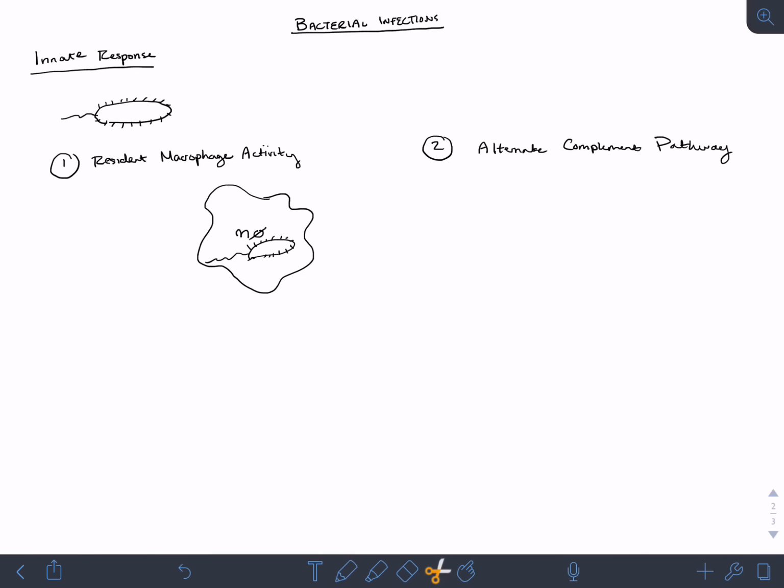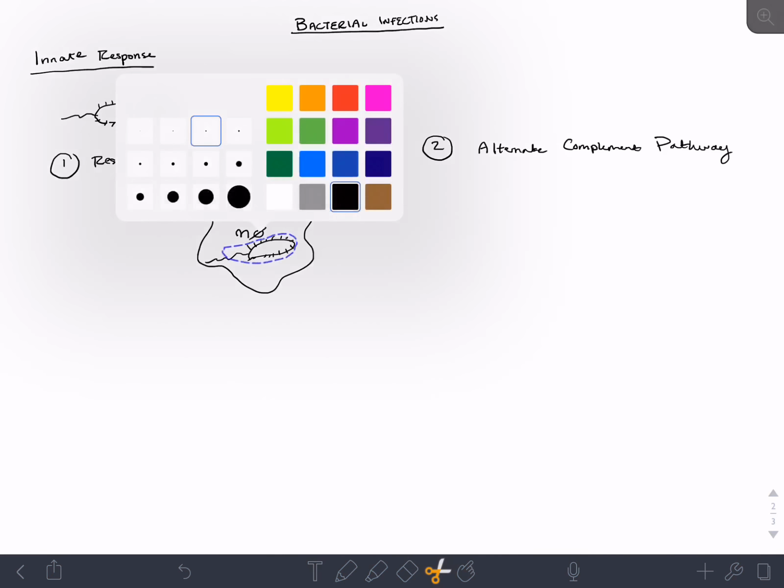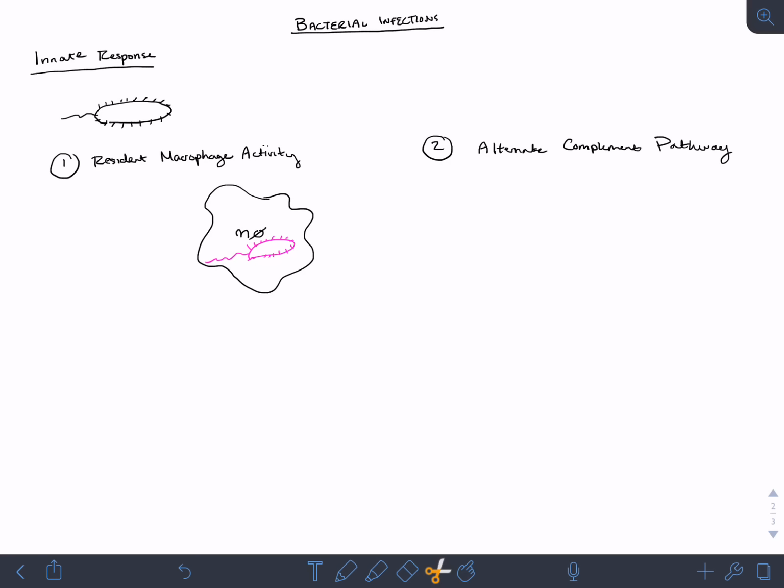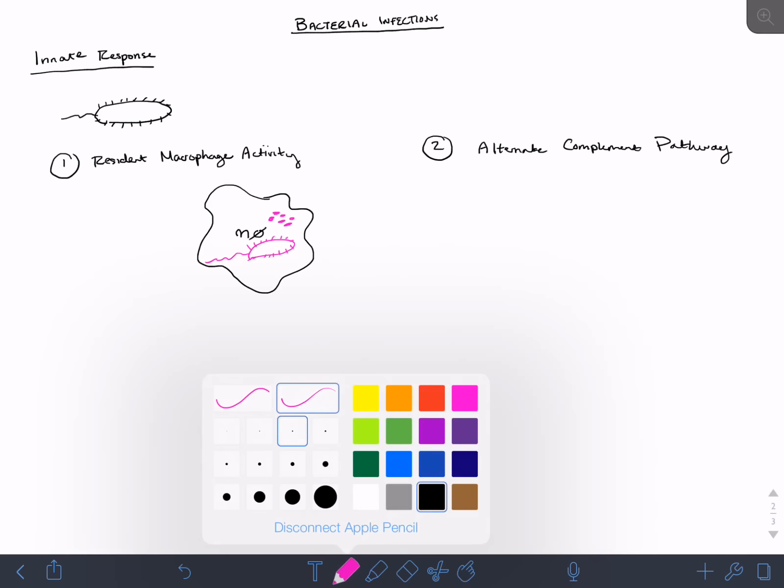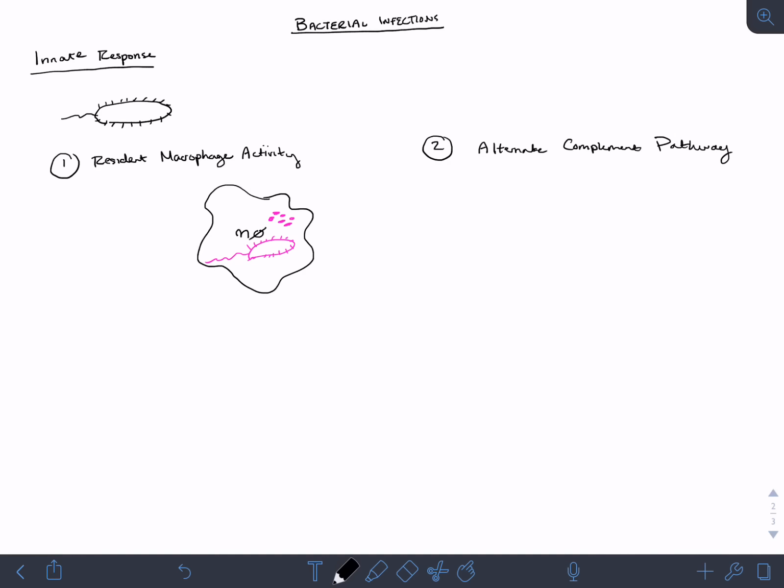Now, again, let's represent the pathogens in a different color, so in pink. Then the macrophage is going to chop these up into little pieces. It's going to break up the bacteria, and it's going to present it onto both MHC1 and MHC2.